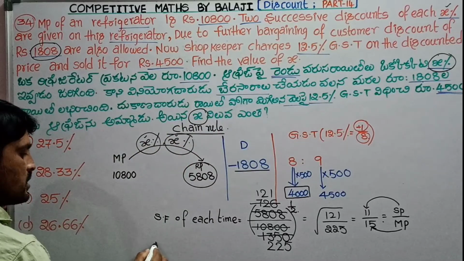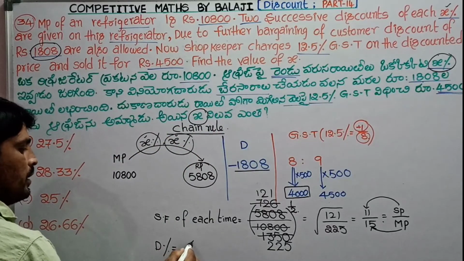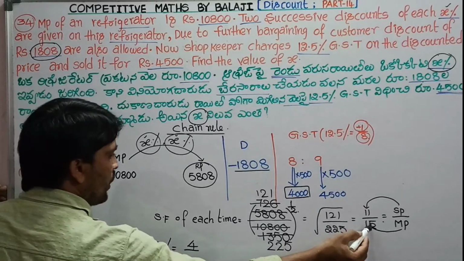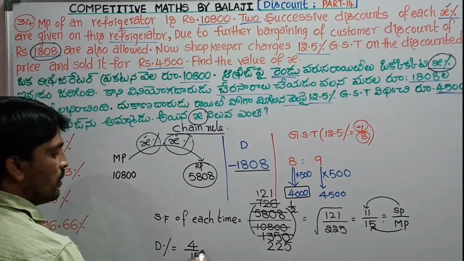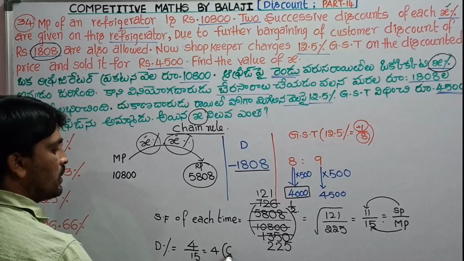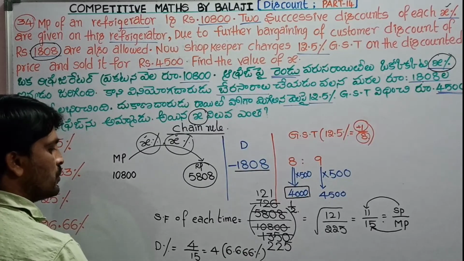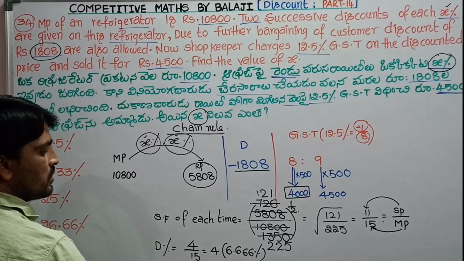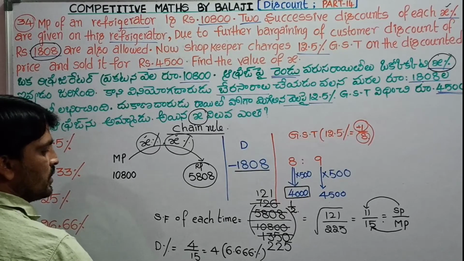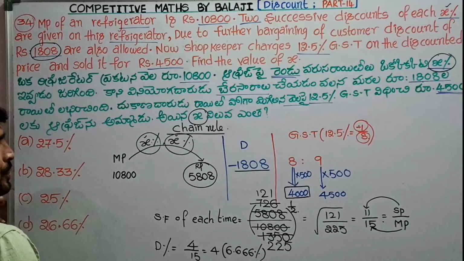That is discount percent equals discount 4 units over market price 15 units. 1 by 15 is nothing but 6.666 percent, so 4 times 6.666% is 26.66%. Therefore, X value is 26.66%. So the answer is D.